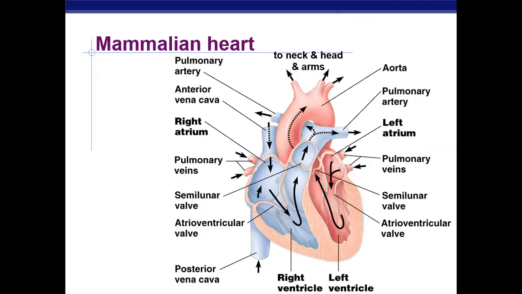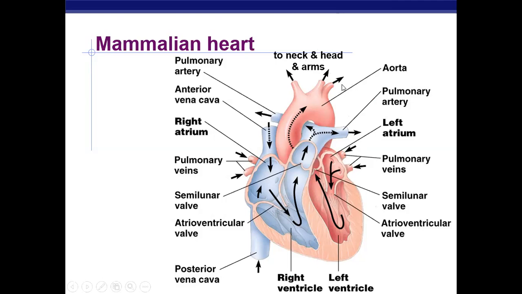So you can see where blood is coming from the lungs. So right here, these arrows here, this is blood coming into the heart from the lungs. Over here as well, this is blood coming into the heart from the lungs. So it's going to go into the heart and then down through this chamber here, and then it gets pumped out to the neck and head through the aorta right here, right?